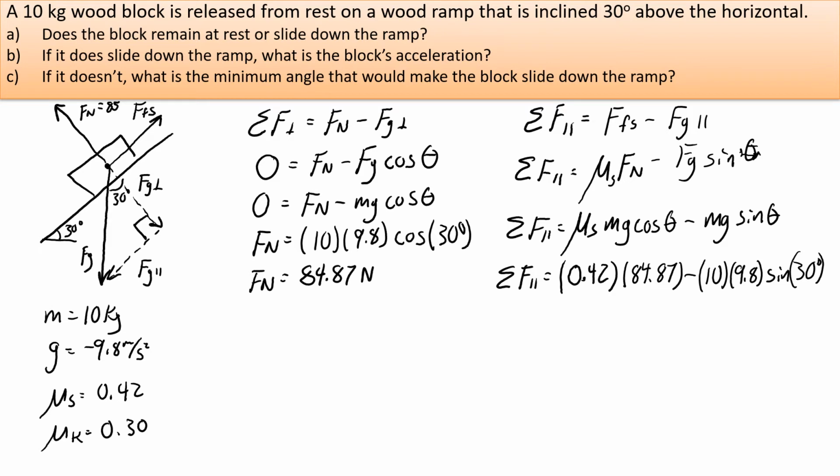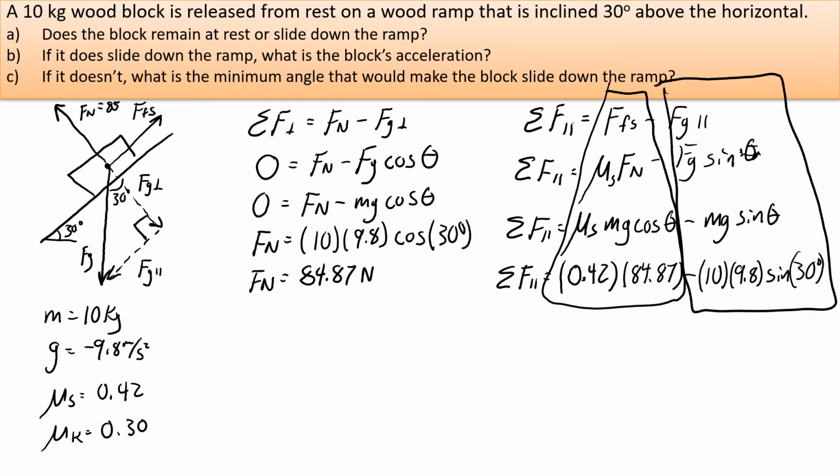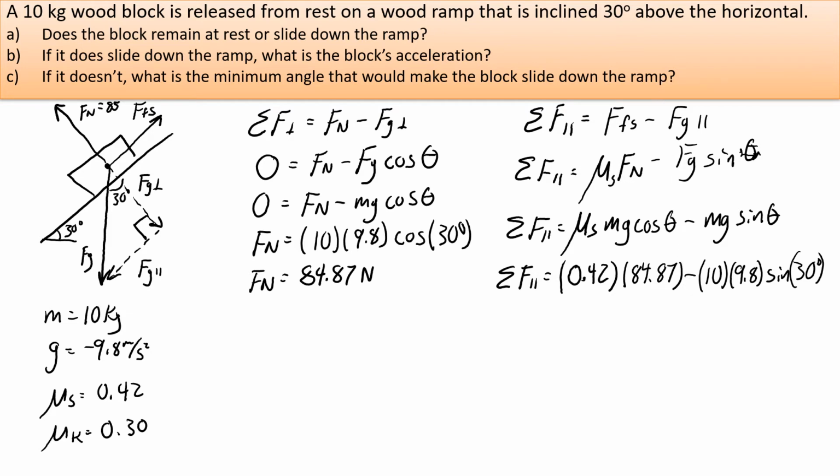All right, so this term is the frictional force. And this term over here is the parallel component of the weight. And before I said, okay, we're really just comparing these two and seeing which one is bigger, which one is going to win. So we're almost there. Let's figure it out.